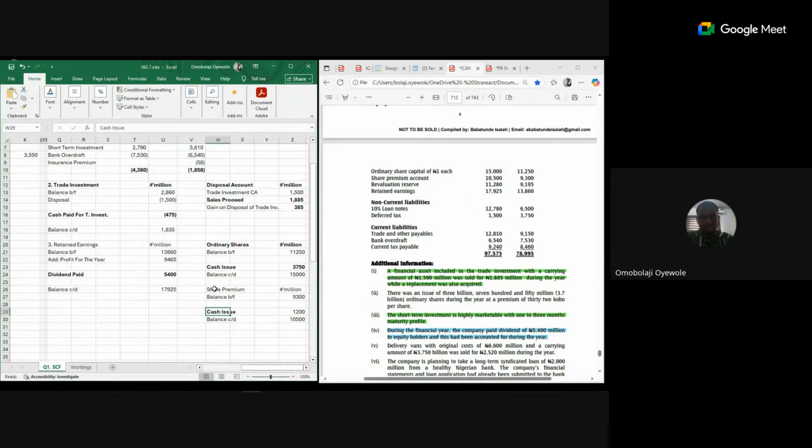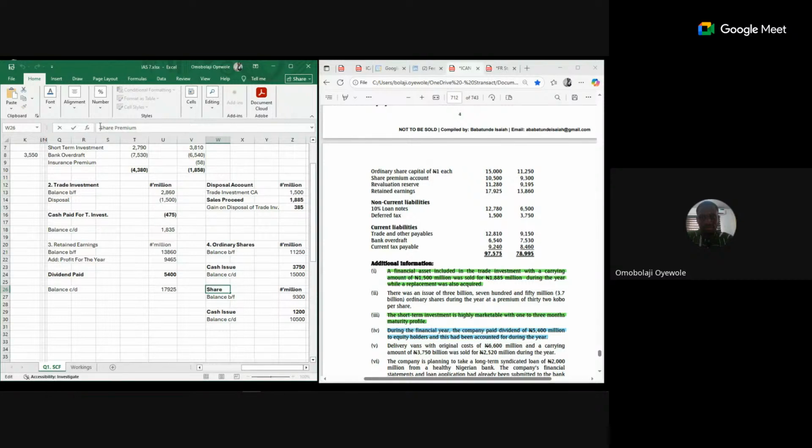So the idea is your financing activities are financed using equity and liability instruments. Let me call this 4.